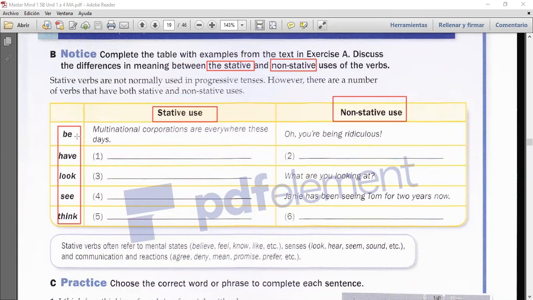So it means that be can be used as a stative verb and also as a non-stative use. The same for have, look, see, and think. Okay. Now, you have 1 minute. Complete 1 to 3. If you finish, tell me, and you're going to be the volunteer.